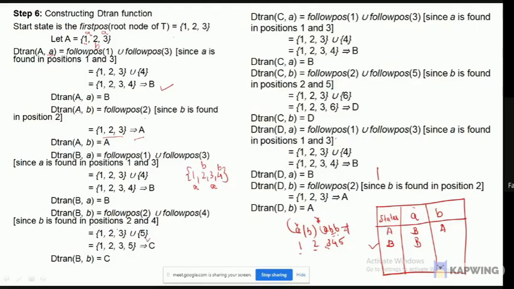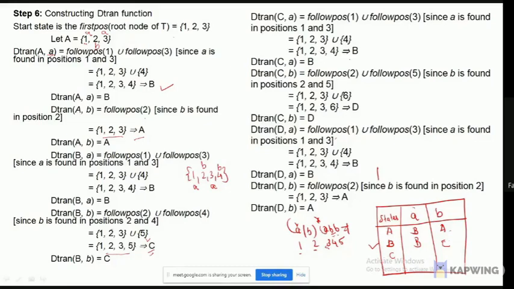So 1, 2, 3 union 5. As it is a new combination, let me give the state name as C. So here, C.